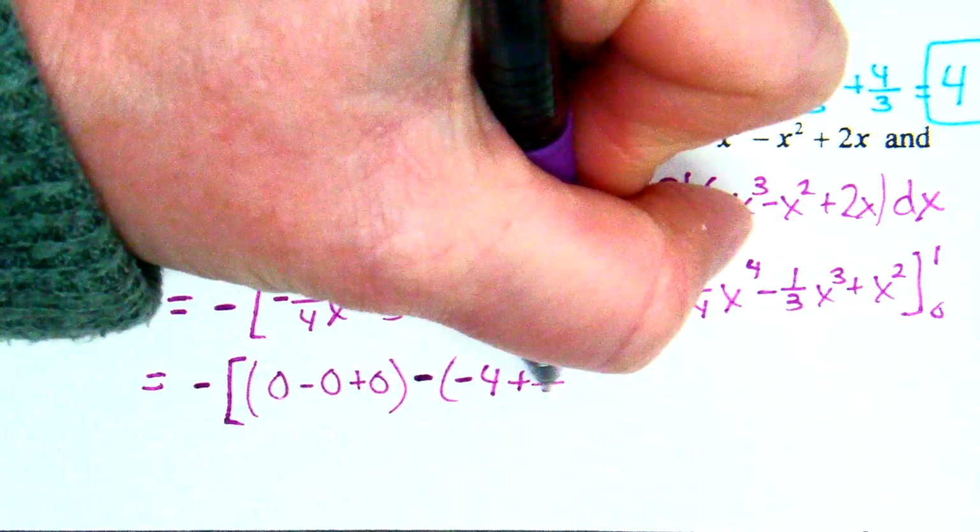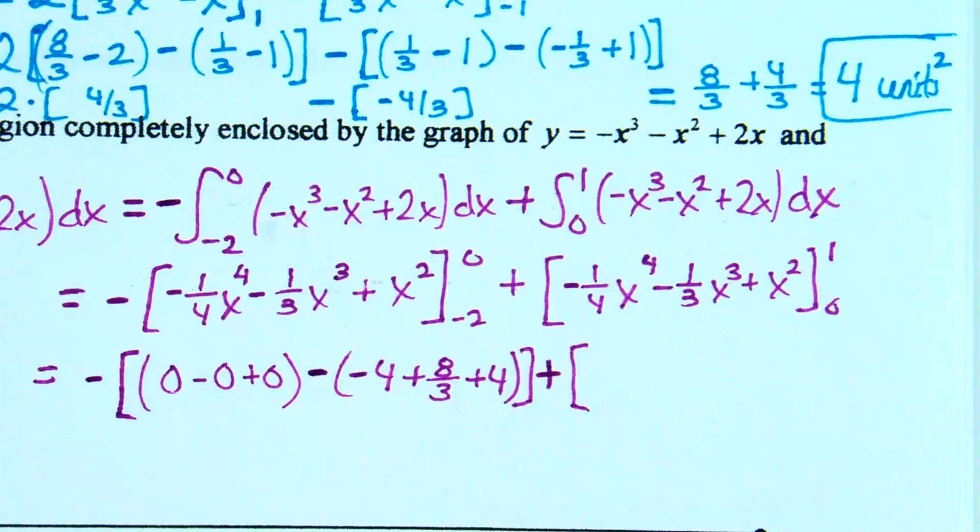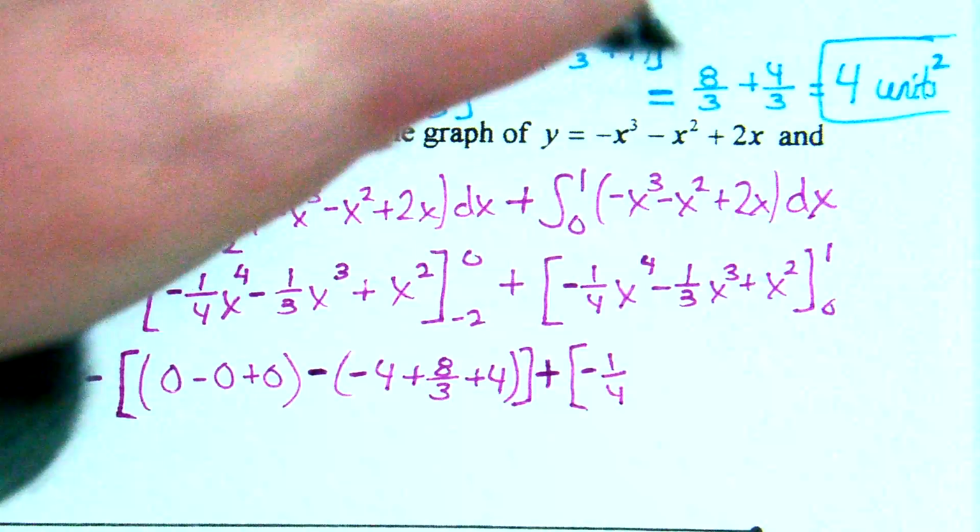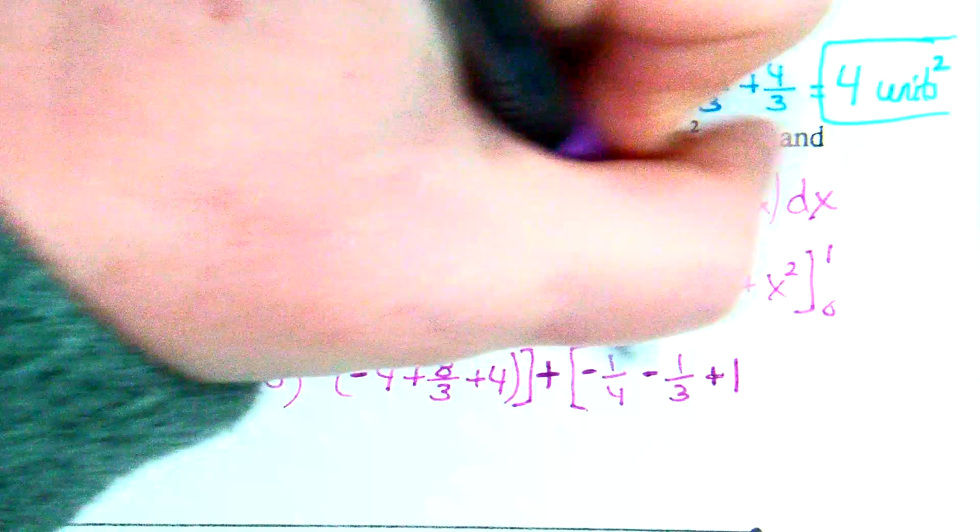Now repeating the process the next time. Now it's a big old plus. And what do we plug in first this time? The 1. So negative 1/4 x to the fourth is going to be negative a fourth, minus 1/3 x cubed, minus a third, plus x squared, plus 1.